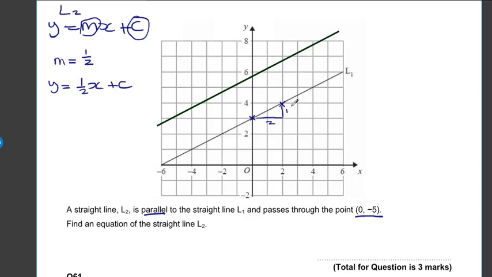If you don't do it this way, you could say that's the point 0, 3, and this is the point 2, 4. So to get the gradient, m equals y2 minus y1, which is 4 minus 3, over x2 minus x1, which is 2 minus 0.